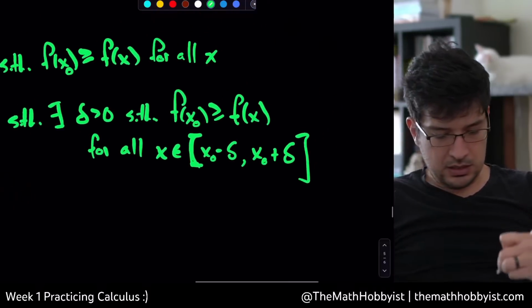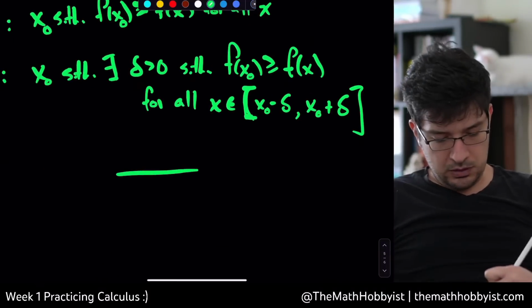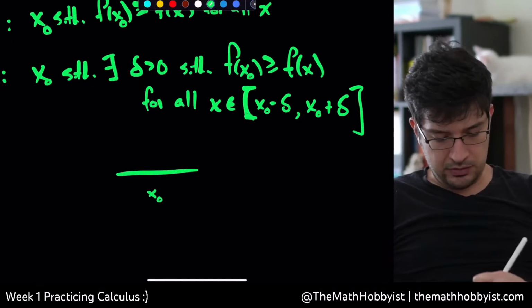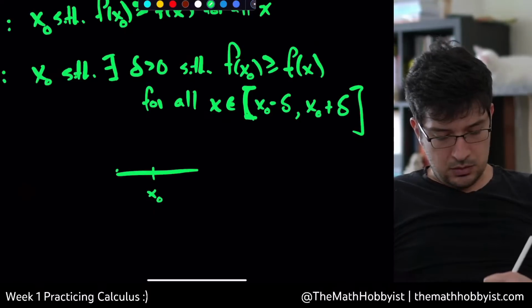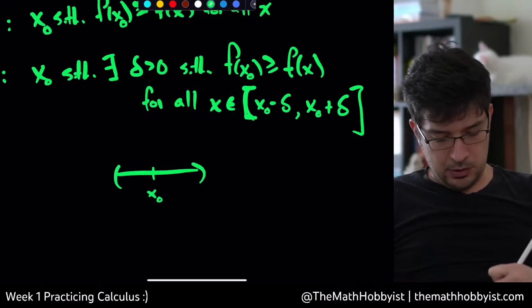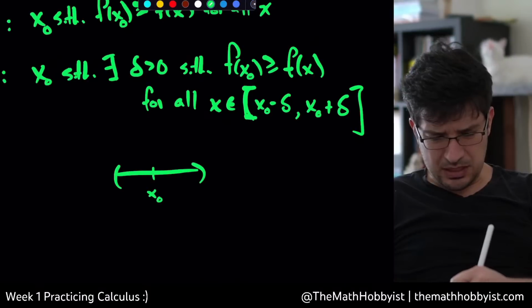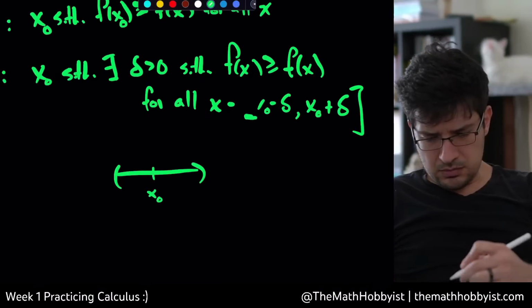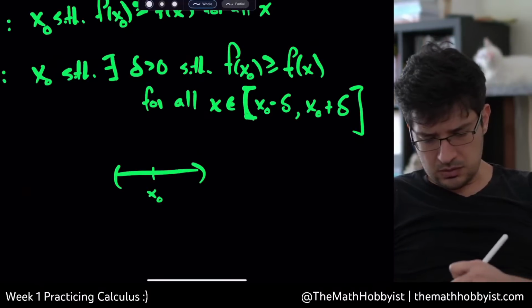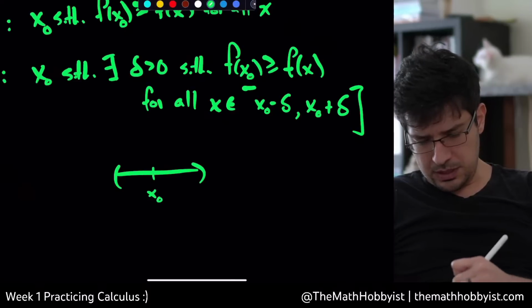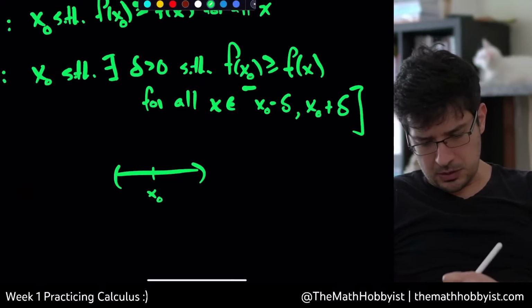Okay, so what did I just write? We're saying that there's some point x naught and some neighborhood around it. I think that these should be open. Do they need to be open? Does it need to be an open neighborhood? I don't remember.